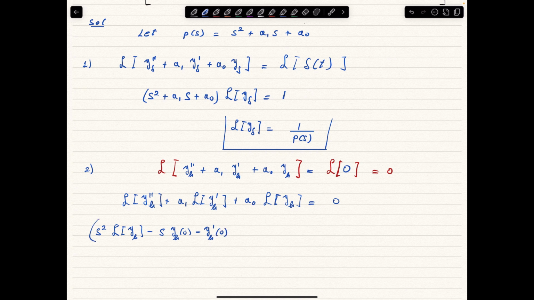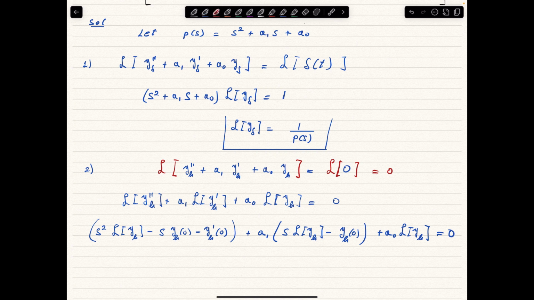This is the first term. Then we have a1 that multiplies s times the Laplace transform of yh, minus yh at 0, and then plus a0 times the Laplace transform of yh, and all that equals 0.